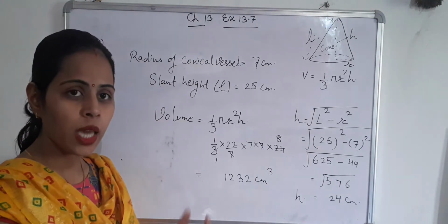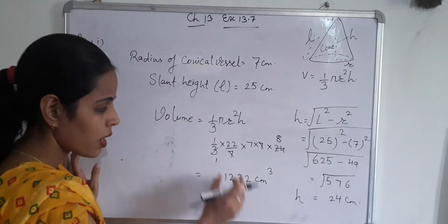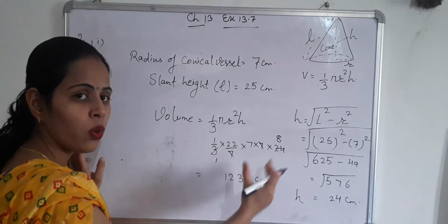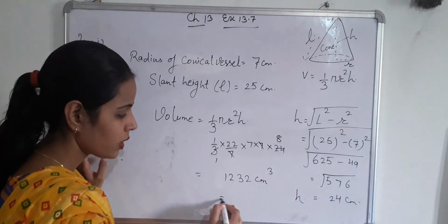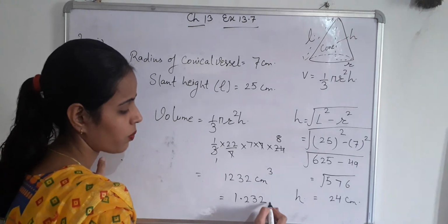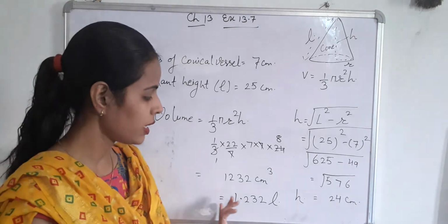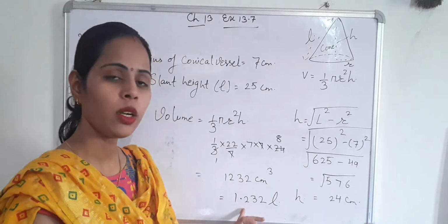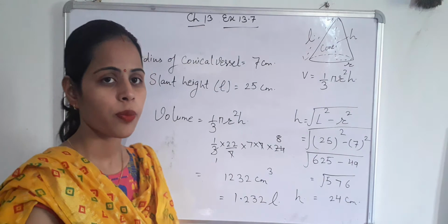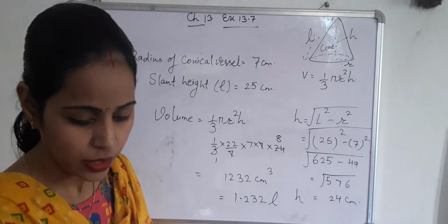But find the capacity of this conical vessel in liters. So convert this centimeter cube into liter, divided by 1000, then 1.232 liters. So capacity of this conical vessel in liters will be 1.232 liters. First part of question number 2 is complete.